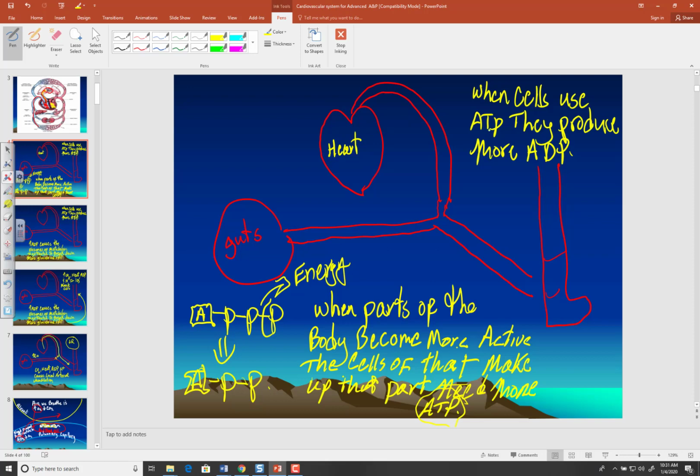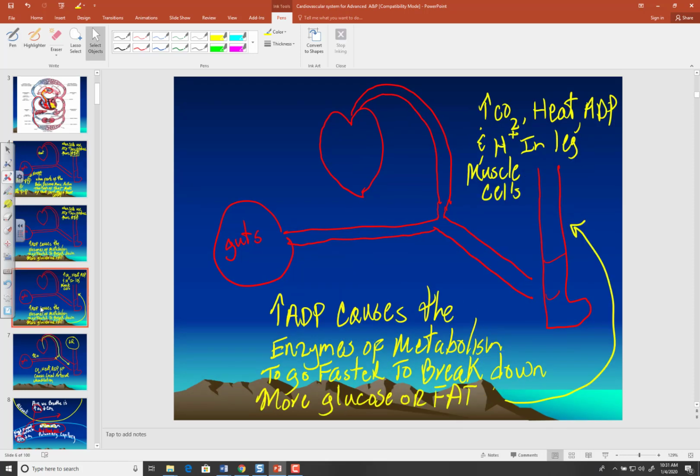So when cells become more metabolically active, they use more ATP and they produce more ADP. And we know that the buildup of ADP causes the enzymes of metabolism, we use the example of the legs, to go faster, to break down more glucose or fat, right?